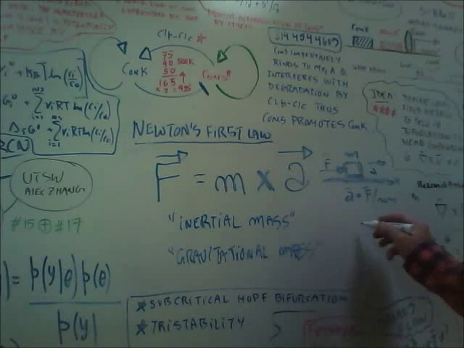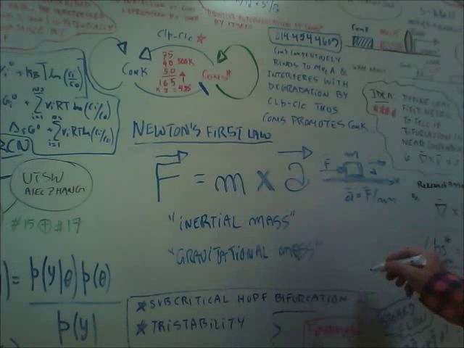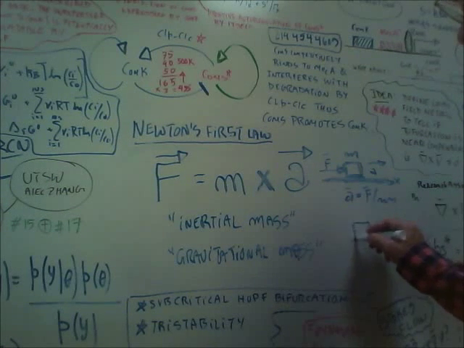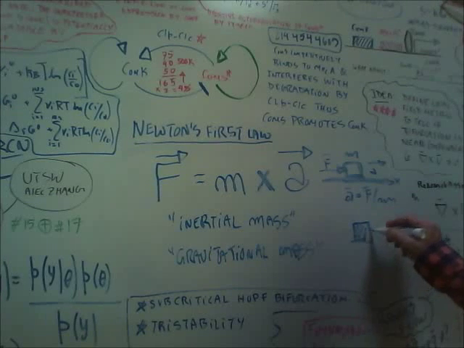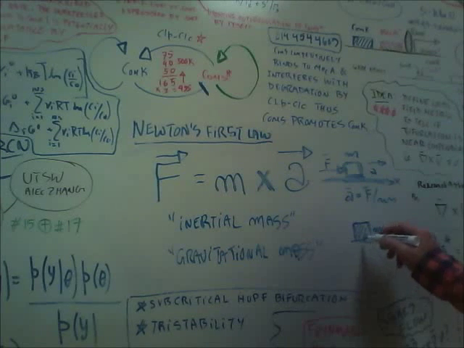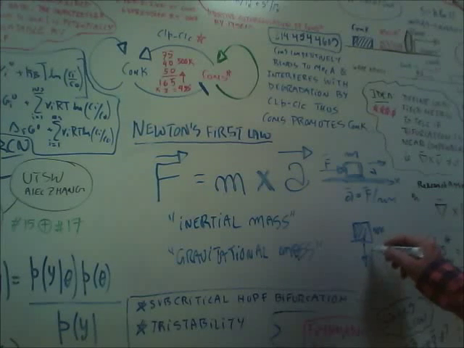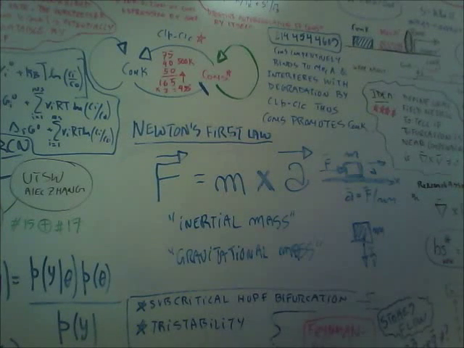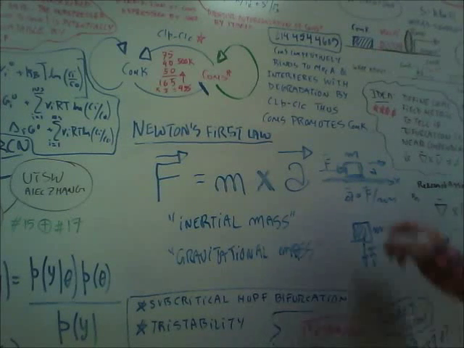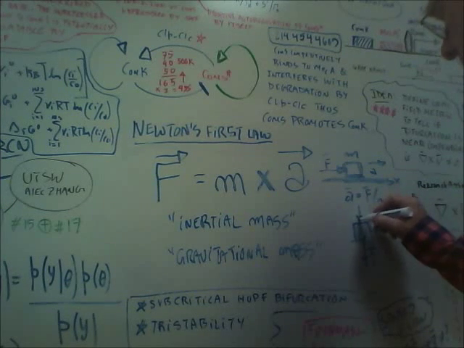But if the object is subject to gravity, then some object of mass m is acted upon by gravity such that it accelerates with the gravitational acceleration, which we call g. And this is caused by some force that's acting on it, obviously, otherwise it would not accelerate.